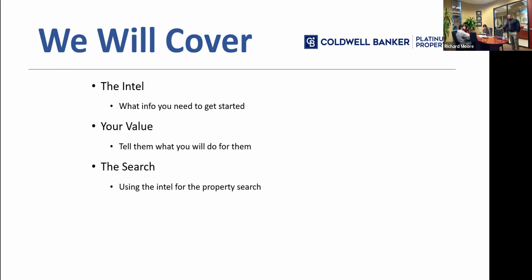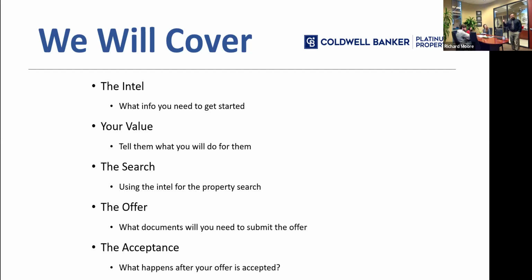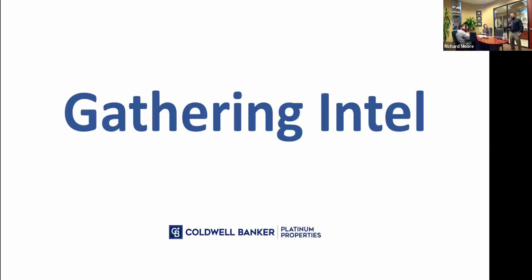You're going to ask them a bunch of questions and use that information to find them the right properties. And then the offer, what documents you're going to need to submit the offer. And I think there's one more, the acceptance. What happens after your offer gets accepted? I think this is a pretty good summary of what you're going to go through during the purchase process. So first, gathering intel.